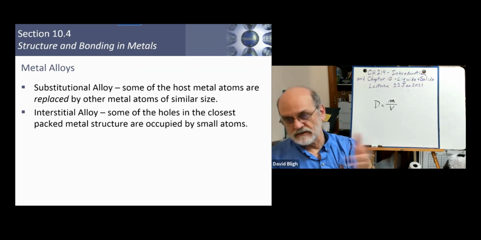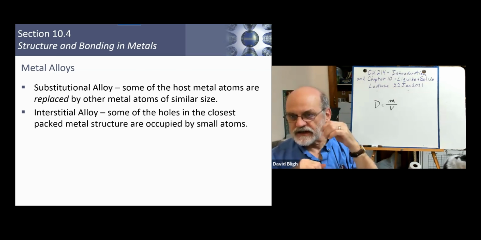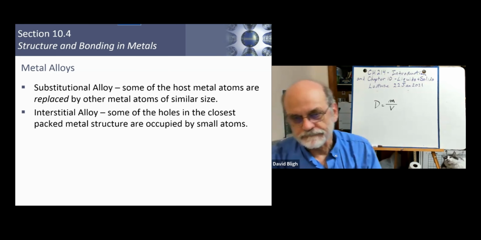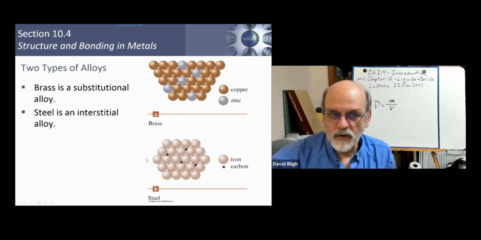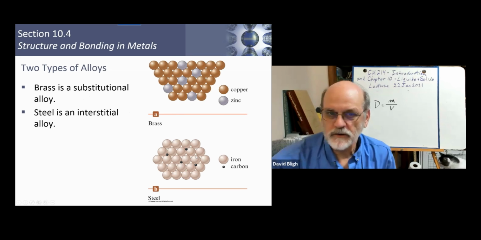That's why when you polish stainless steel, it stays shiny, because the layer of chromium oxide is so thin. But if you scratch it and remove some of that, the repair is instantaneous. So oxygen never has a chance to get down in there to react with the iron. And even if it did, there would be other chromium down there to suck it up. Okay, those are the two types of alloys. Brass is substitutional, steel is interstitial. I've already talked about those.